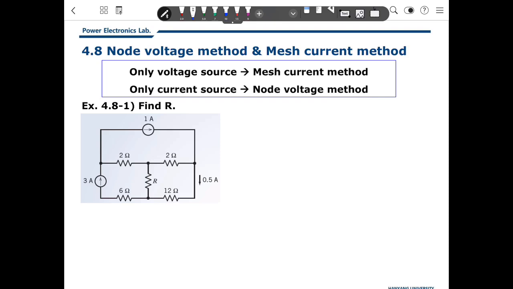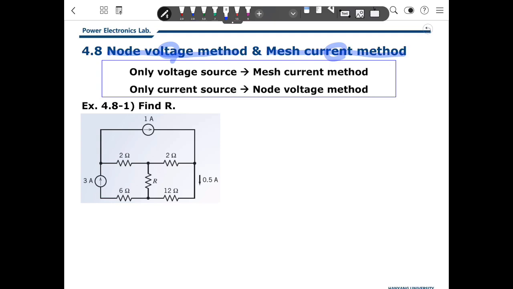So to approach it simply, there are two techniques to solve the equations: the node voltage method and the mesh current method. In the node voltage method, we define the node voltages based on the reference node. In the mesh current method, we define the mesh currents and get the mesh current values.